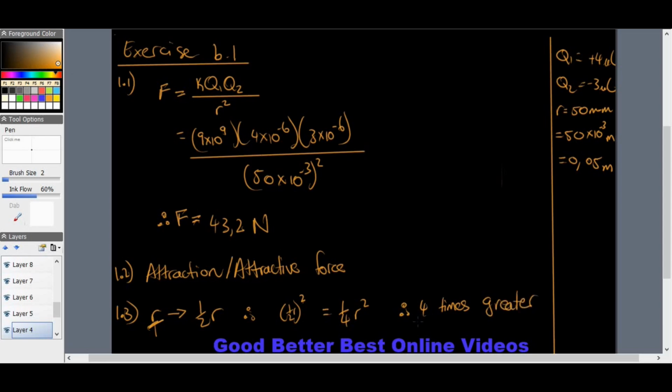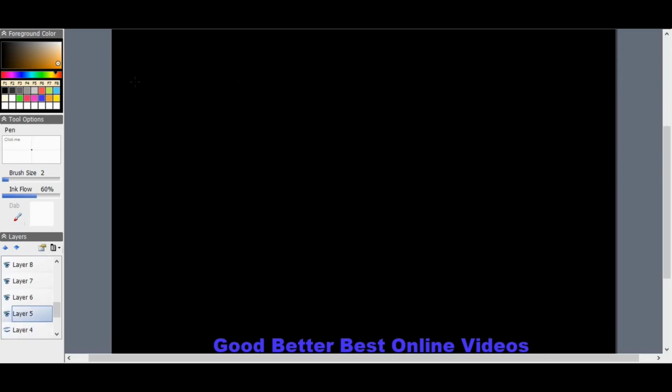So let me explain how I arrived at the 4 times greater part with a mathematical angle. Of course R is 1, a whole number, but now this becomes half R. Now in our formula we know that force is directly proportional to the product of the charges and inversely proportional to the distance squared. So R in the formula is now this value.